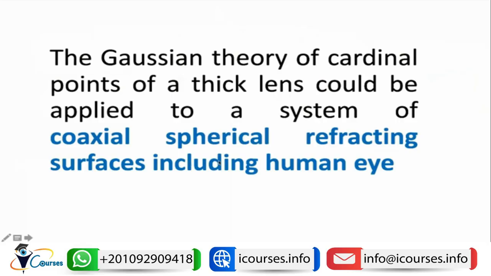So coaxial spherical refracting surfaces can be considered a thick lens, and the same rule applies to the eye. Gullstrand thought that the eye could follow the same principle as the Gaussian theory, as the eye also has different refracting surfaces centered behind each other, like the cornea and the lens.